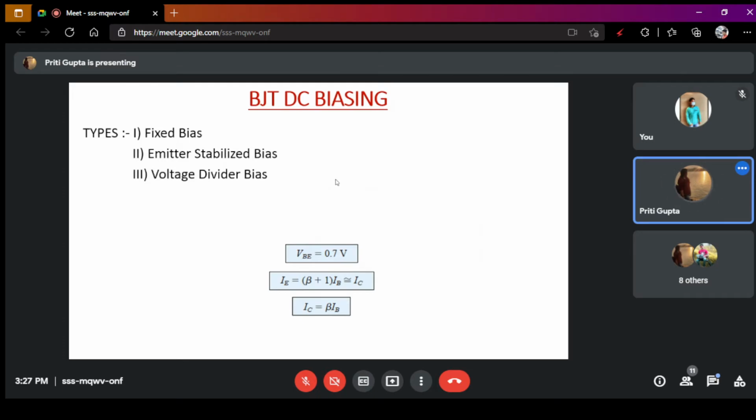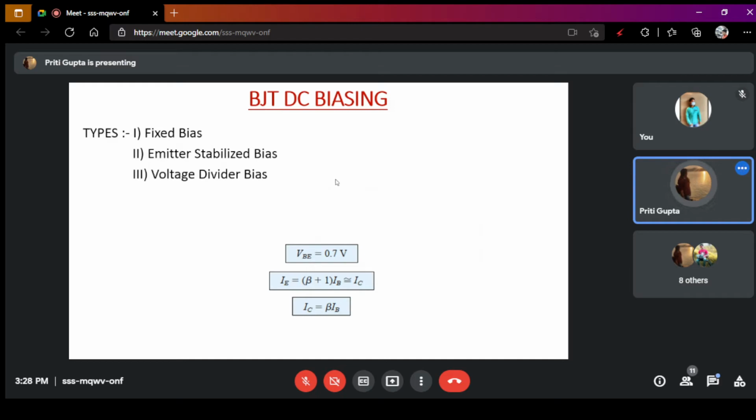Now, 3 types of biasing are there: fixed bias, emitter stabilized bias, and another one is voltage divider bias. There are other biasings too, but in your syllabus there are only these 3 types. And what is basically a biasing? Basically, the proper flow of collector current with proper collector to emitter voltage during the signal which is passing through your transistor.